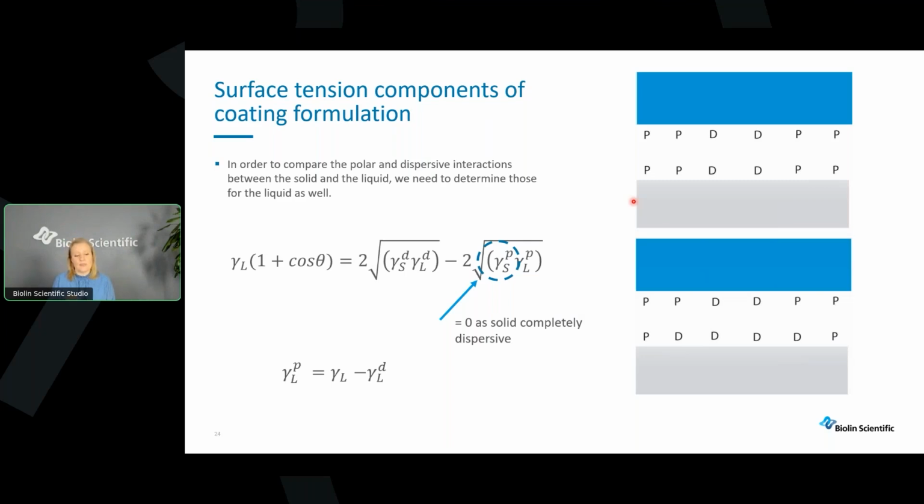So there is also a possibility, with the same equations as we use for calculating the surface free energy of the solid, to calculate the surface tension components of the coating formulation, by measuring the total surface tension of the formulation and then measuring a contact angle of this liquid against a completely dispersive solid with known surface free energy.